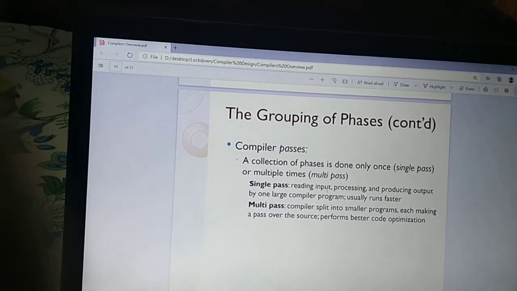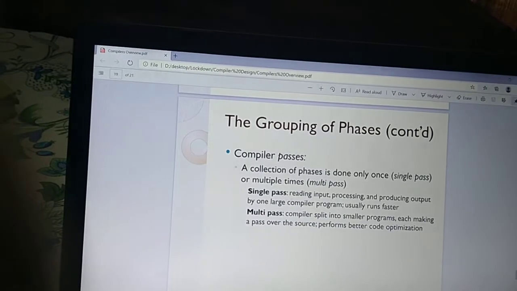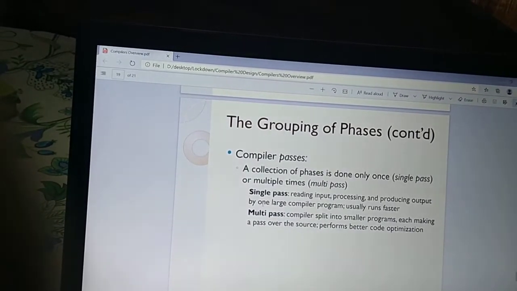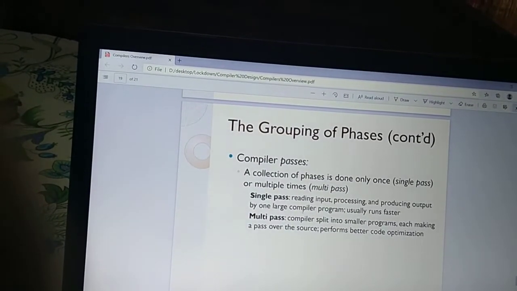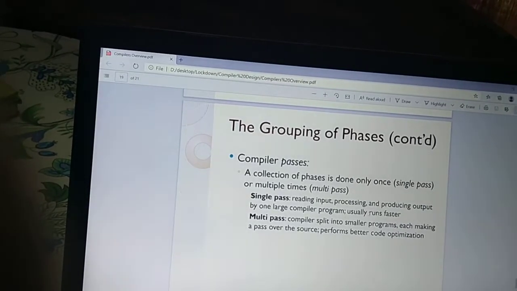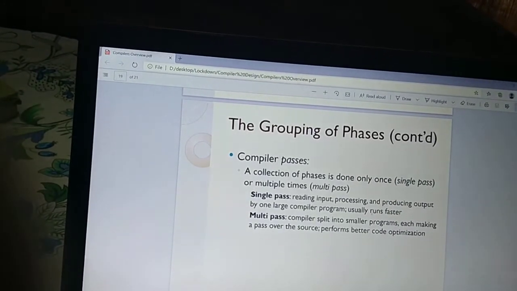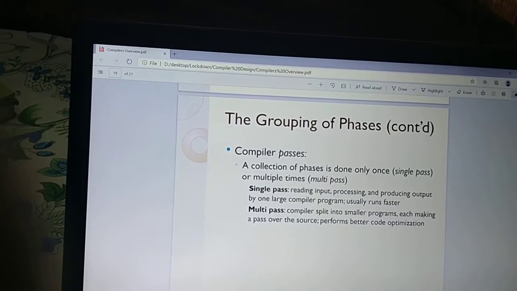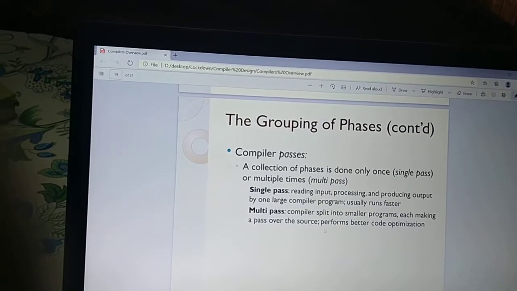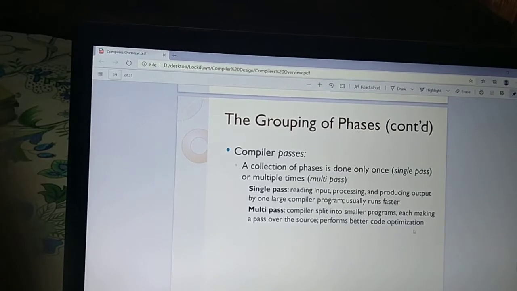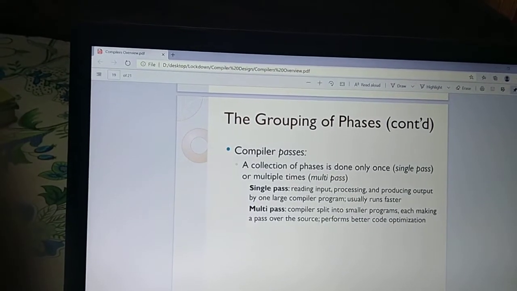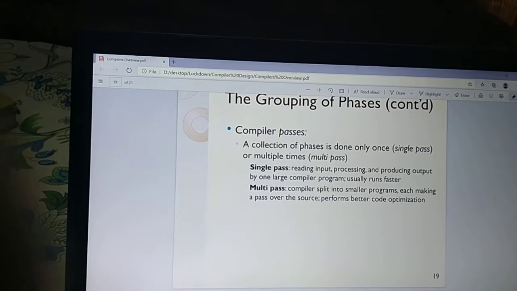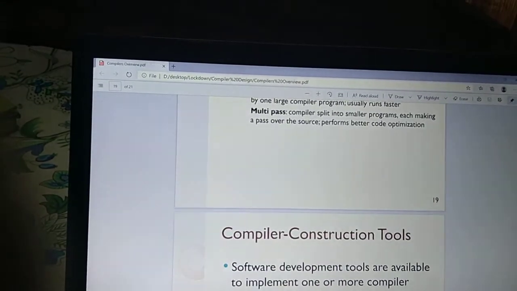Here reading input, processing and producing output is done by one large compiler program, which usually runs faster. But in case of multipass, the compiler is split into smaller programs, each making a pass over the source, which performs better code optimization. So this is the basic difference between single pass and multipass compilers.